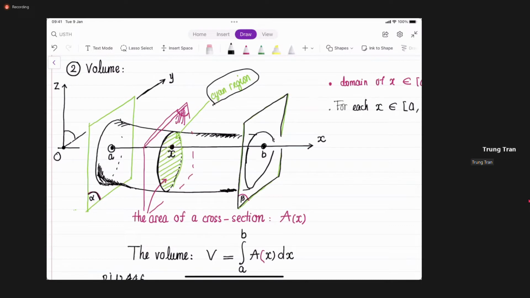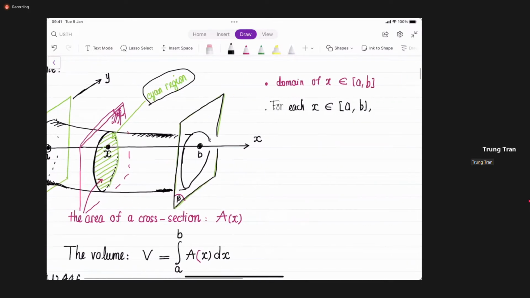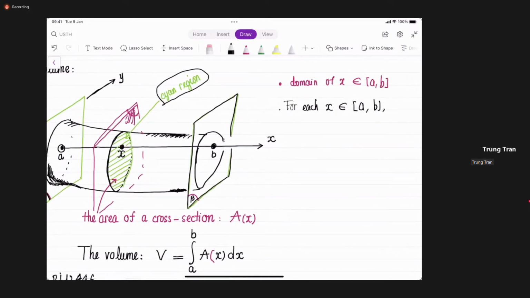For each x we need to figure out what is the cross section.